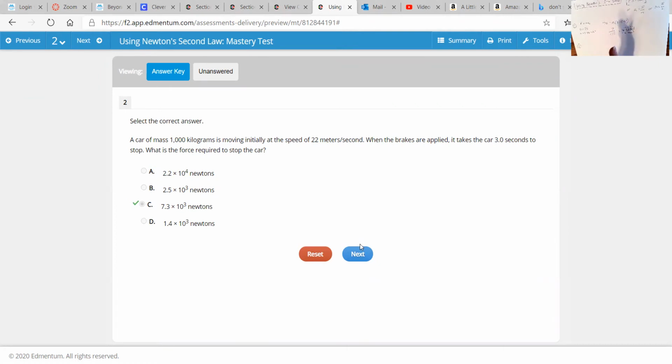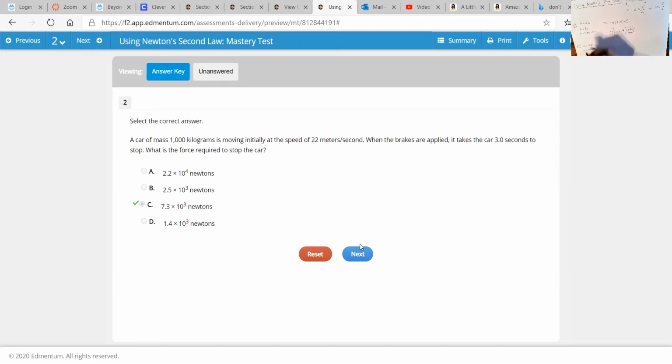But things are going to get a little trickier, right? Things can't be that straightforward all the time. This is a science class. So in question 2, we have a car with a mass of 1,000 kilograms. So M equals 1,000 kg. Write that down. And then we're given its speed. It's initially going at 22 meters per second.